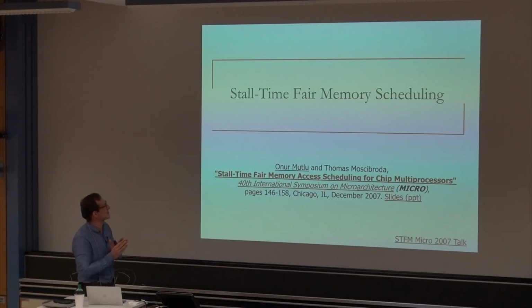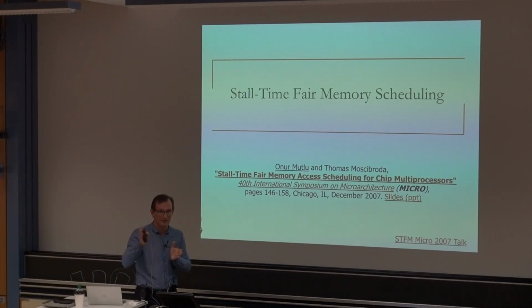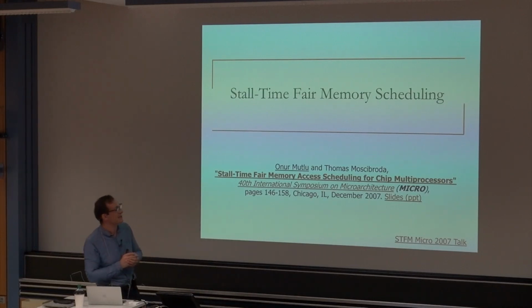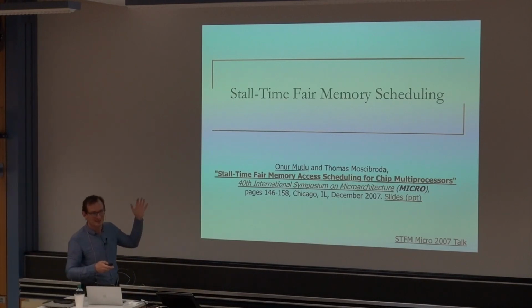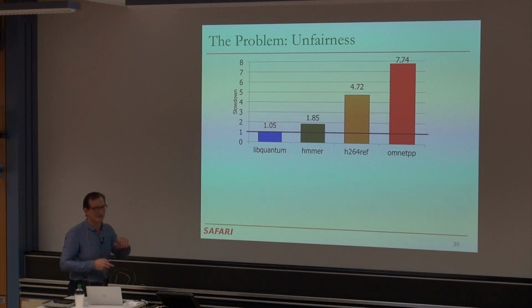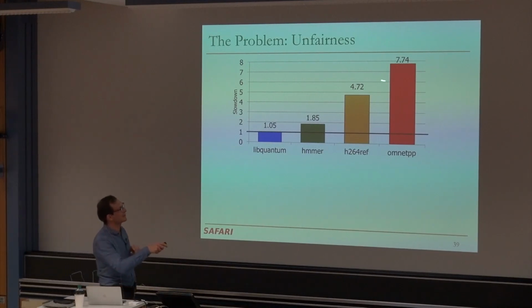This first one is interesting because when we first realized the problem of slowdowns, unfair slowdowns in memory, what is the first thing that comes to your mind? Well, this is the first thing that came to our mind. You see unfair slowdowns, libquantum slowing down by 5%, and this application slowing by 8x almost.